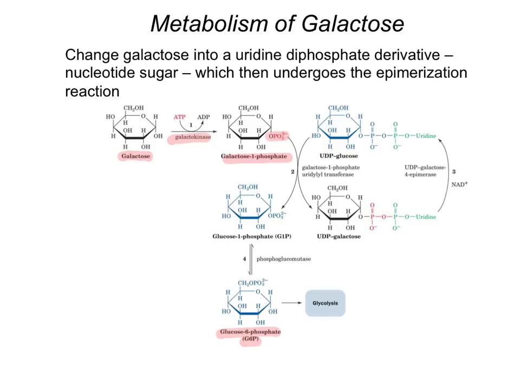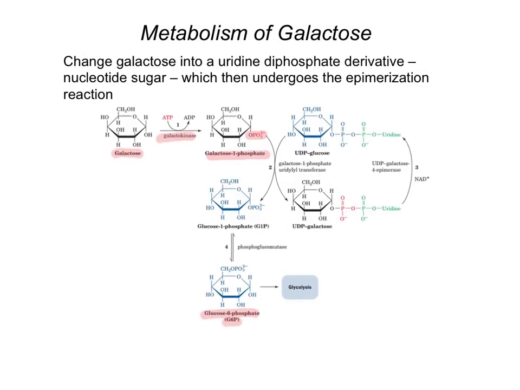The thing that does that is this little uridine derivative. Okay, so this is going to utilize a cofactor that's called UDP glucose. This is a UDP molecule, uridine diphosphate attached to a glucose. What happens is, this UDP glucose transfers its UDP little functional group to galactose.